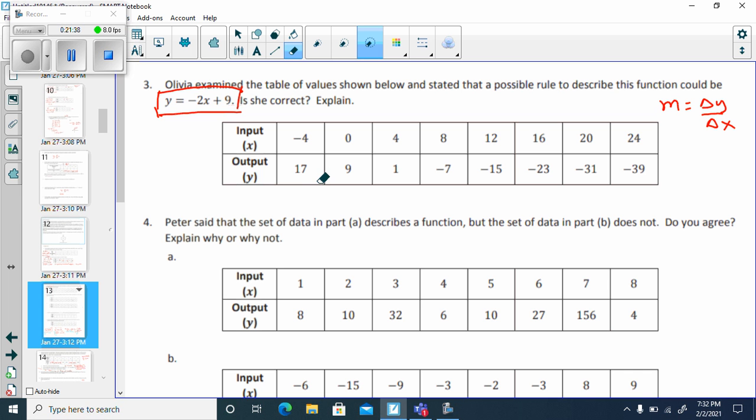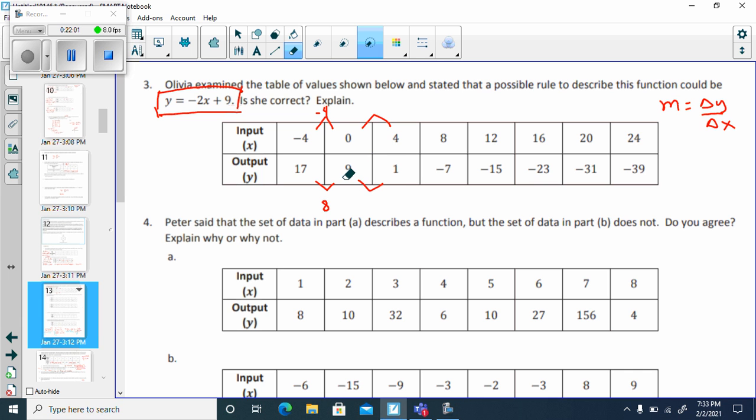Let's see what the slopes are here. 17 minus 9 would be 8, right? Negative 4 minus 0 is negative 4. Slope here is 8 over negative 4, okay? That's negative 2.